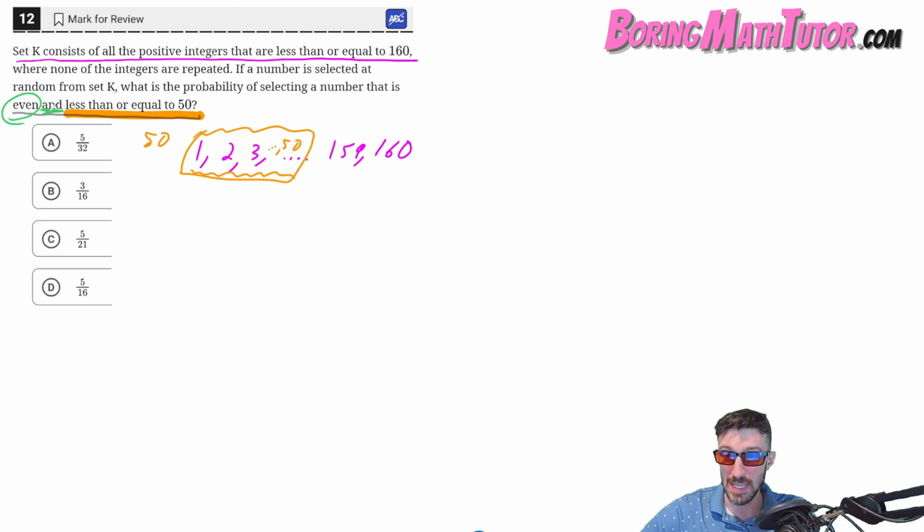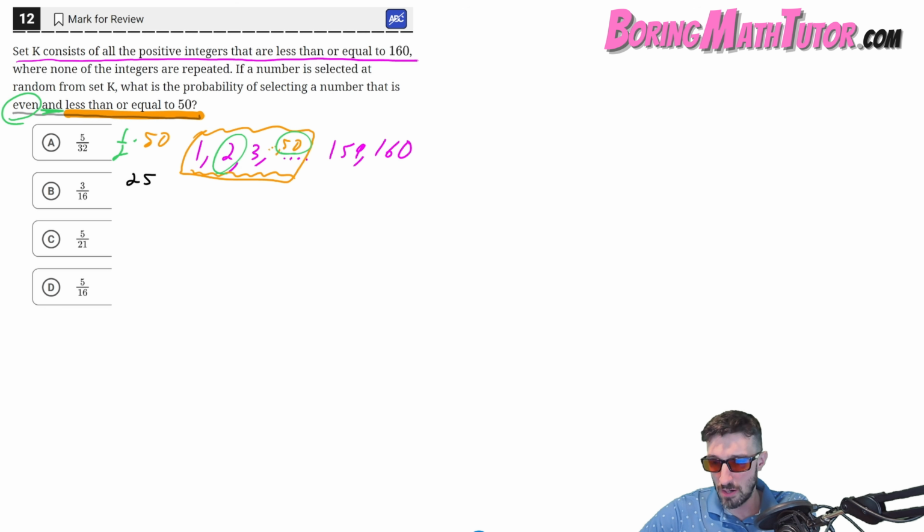Because it says it has to be even and less than or equal to 50. Well, let's see, 2, 4, 6, and so on up until 50. So just cutting out the 1 and the 3. In other words, you're going to end up with 1 out of every 2 of those. So 1/2 of 50, which means that you're actually going to only end up with 25 of those.